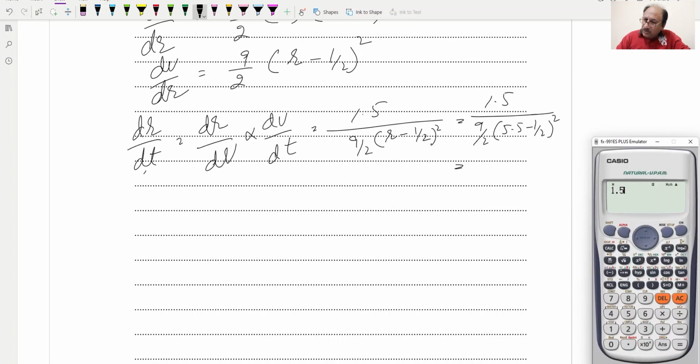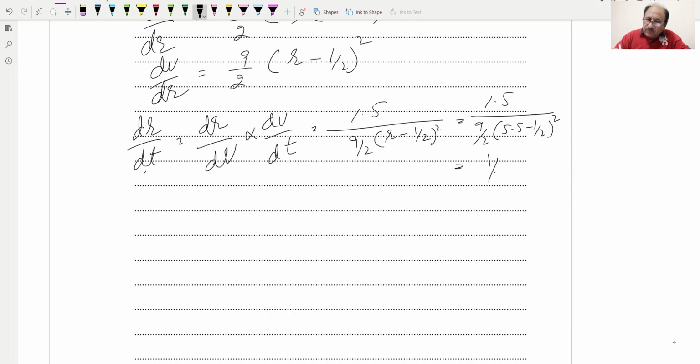So 1.5 over 9 over 2, multiplied by, in brackets, 5.5 minus 0.5, squared, and this is equal to 1 over 75.